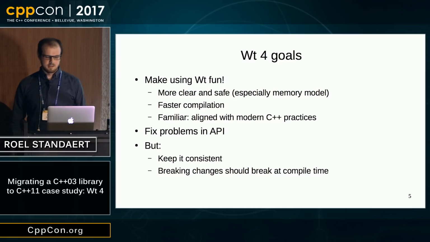And we wanted to make it a bit more familiar to people who are already familiar with modern C++11 practices. So they'd expect to see stuff like, a unique pointer owns something and a raw pointer doesn't own it. That's not something in Witty 3, and we wanted to move towards that.